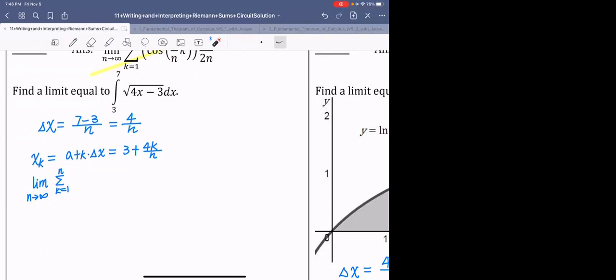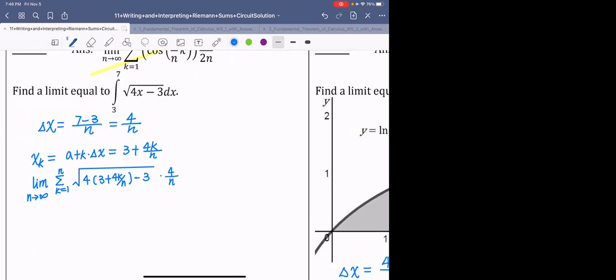Okay, next. Put the f(xk): 4 times 3 plus 4k over n, which is just k, and then minus 3, right? But I have to make sure this covers this, okay?